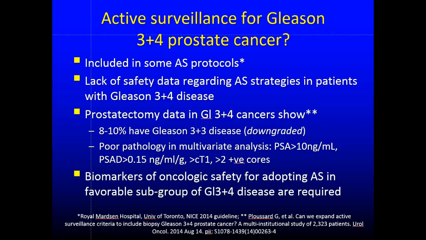Now we know that Gleason 3+4 disease is included in some active surveillance protocols, but there is generally a lack of safety data regarding active surveillance strategies in these patients. And we are aware that biomarkers for oncologic safety are needed to identify this favorable subgroup of 3+4 disease who might actually benefit.